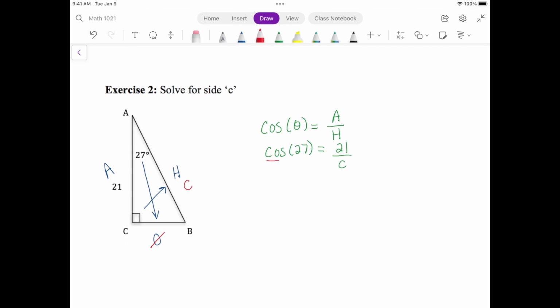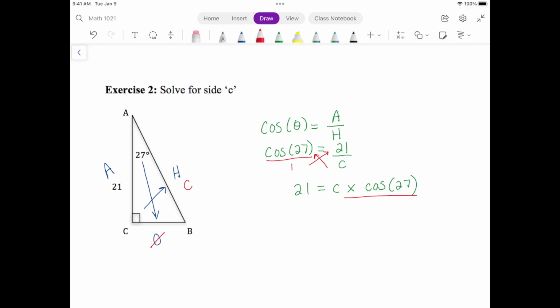And we're going to think of this as being over 1, and we're going to cross multiply. This time I get 21 equals C times cos of 27. So my letter this time is not on its own. So I need to make it on its own. And in order to do that, I need to get rid of this times cosine 27.